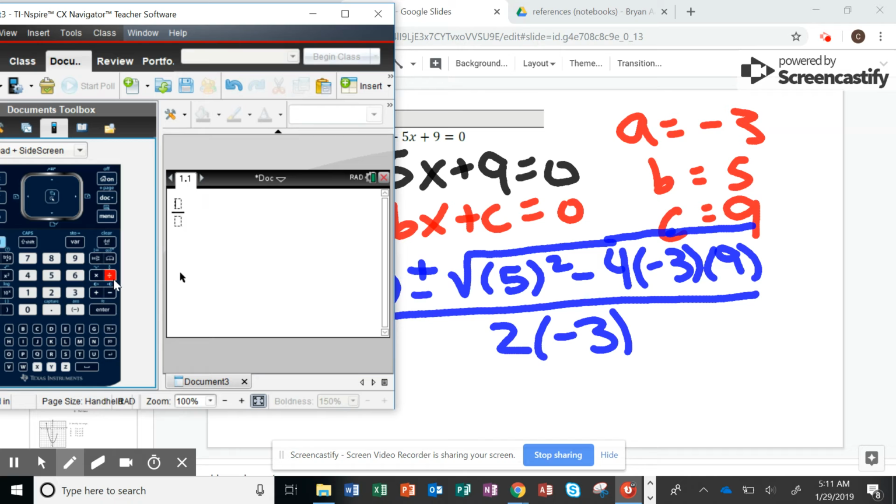So control divide, negative, parentheses, 5, plus square root, which is control and x to the power of 2, 5 squared minus 4 times a, c, all over 2a.